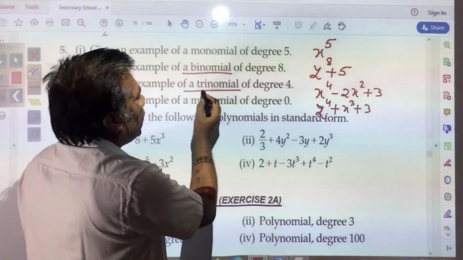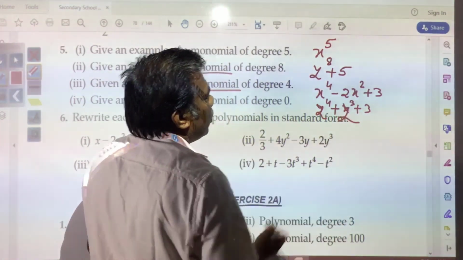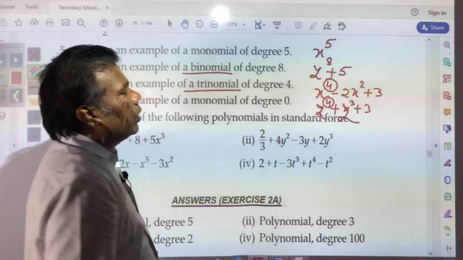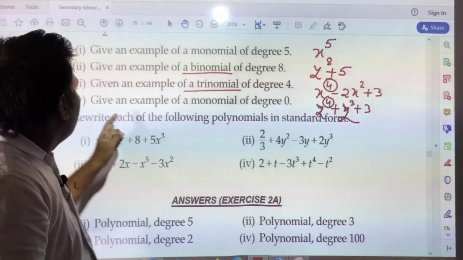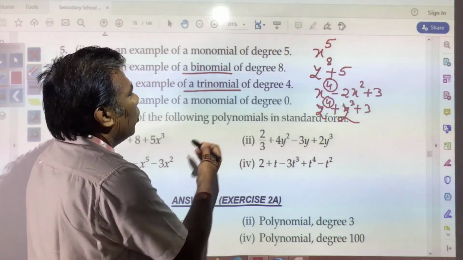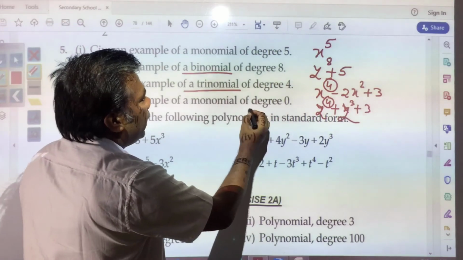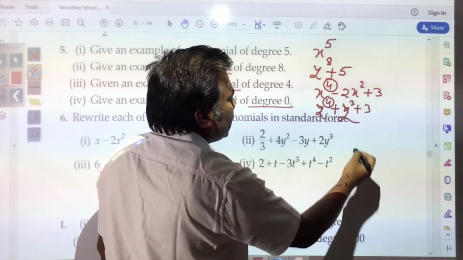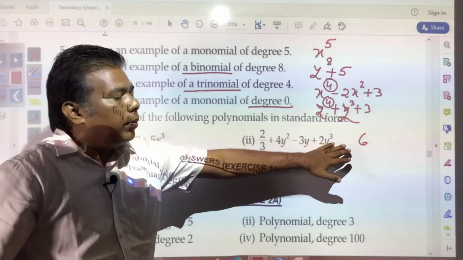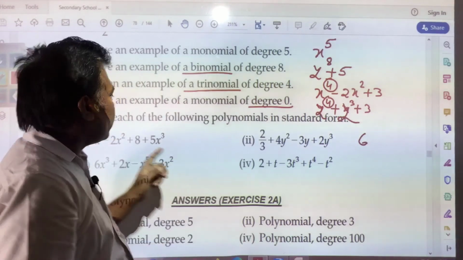This should be trinomial, but maximum power should be 4. In this way you need to write. Give an example of a monomial of degree 0. Monomial, any constant term will be there and degree will be 0. Suppose 6, 5, minus 6, minus 9, any constant term you write, that will be having degree 0.